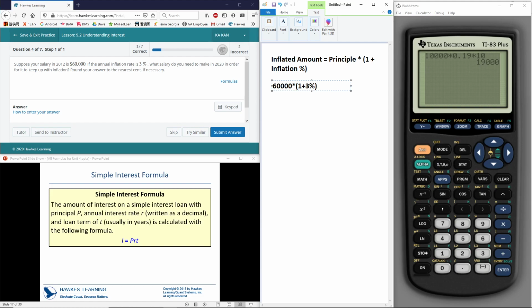That is for the first year, right, for 2013. So think about it, isn't that 60,000 times 1 plus 0.03? Which is basically 60,000 times 1.03. That would equal the inflated amount 1 year later.